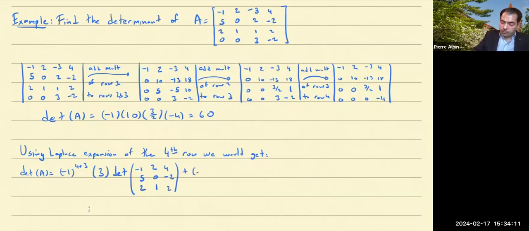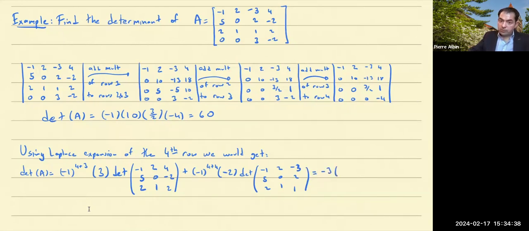And then I do plus -1 to the 4 plus 4 times the element times the determinant of the matrix you get by removing this row and this column. So it would be -1, 5, 2, 2, 0, 1, and then -3, 2, 1. Right, and so this ends up being -3.